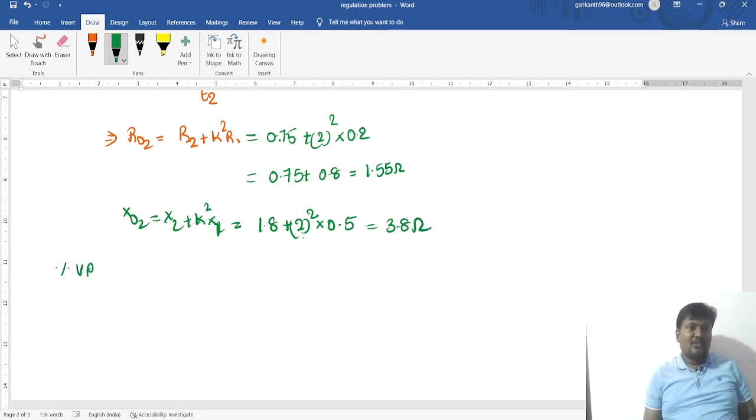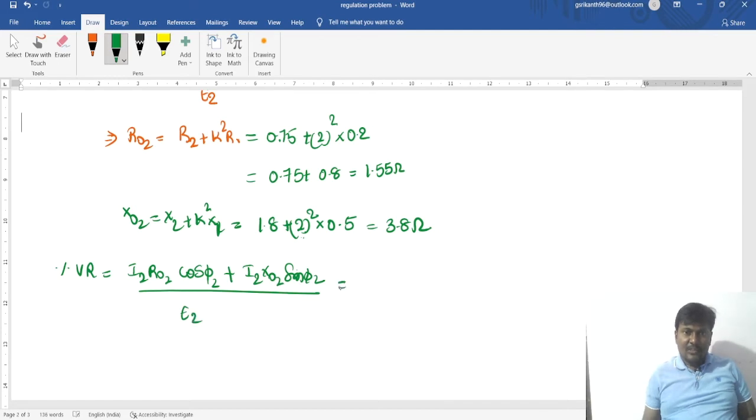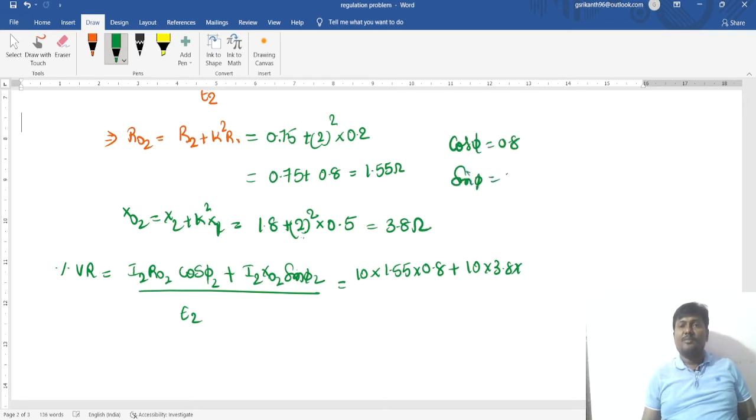And these two values are substituted in percentage voltage regulation. I2 R02 cos phi 2. This is for lagging power factor. I2 X02 sin phi 2 divided by E2. So the current value is 10 amperes. R02 is 1.55 and power factor is 0.8 and plus 10 into 3.8 into, remember, if cos phi is 0.8, sin phi value is 0.6.